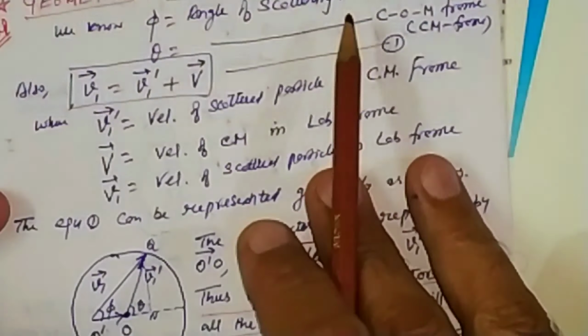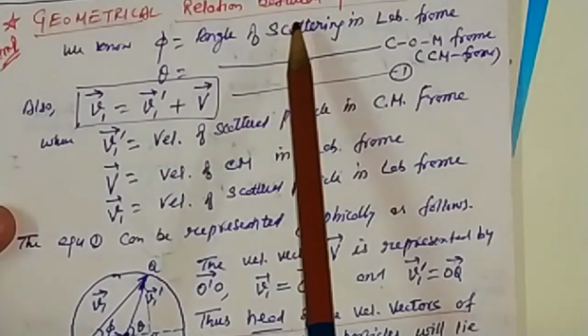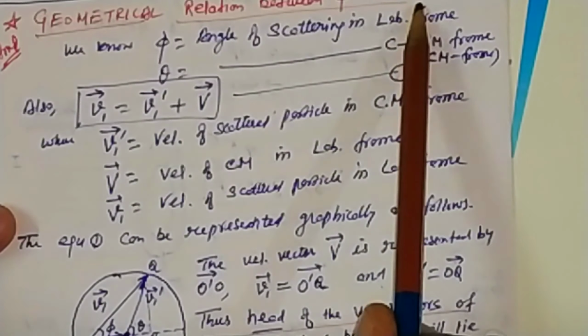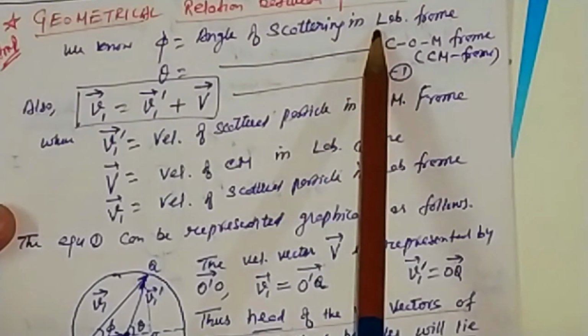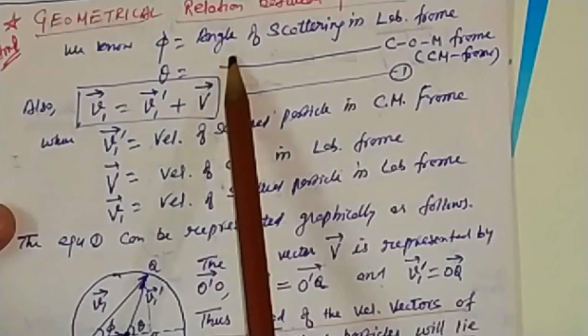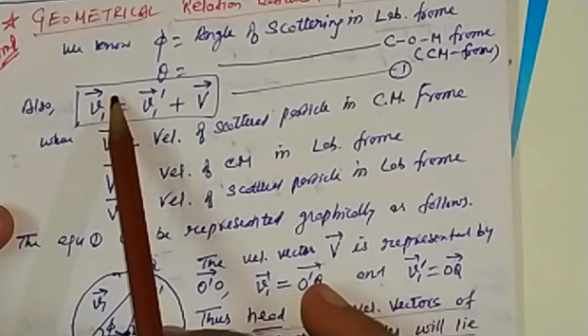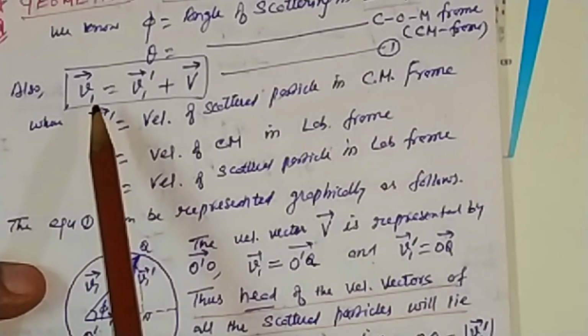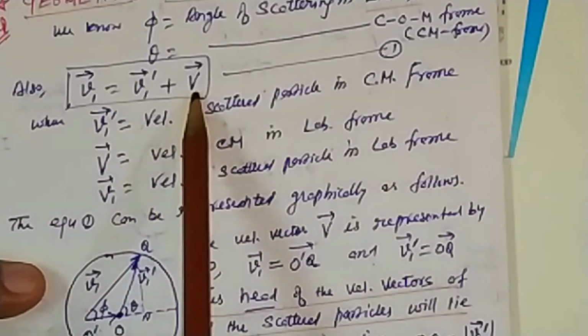So now, the geometrical relation between phi and theta. Phi is the angle of scattering in lab system, theta is the angle of scattering in center of mass system. So we can derive this expression: v1 vector is equal to v1 dash vector plus v vector.